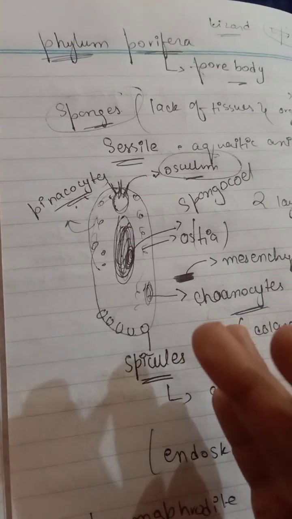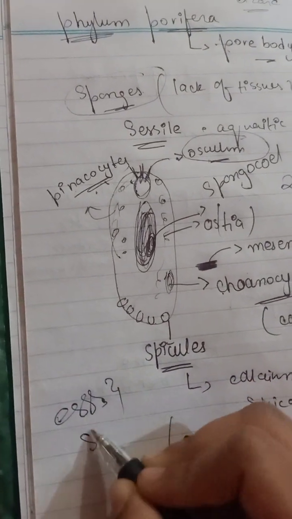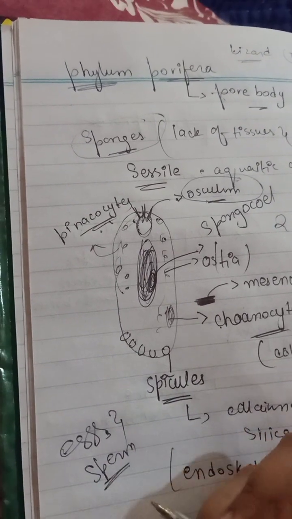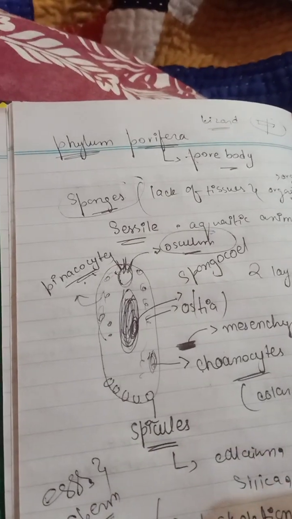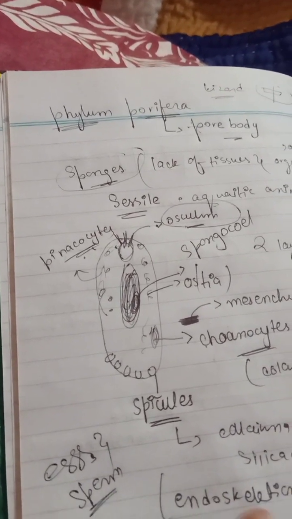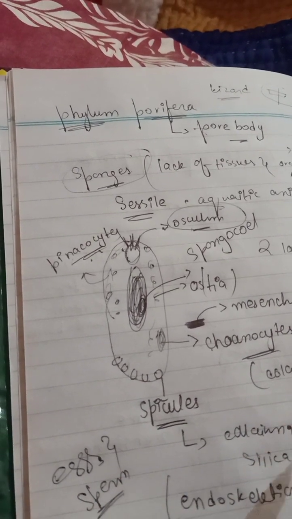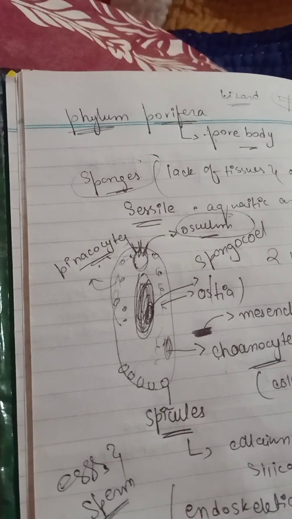Sexually, they reproduce by eggs and sperm. Sperm is carried by the water, and the egg too. A free-swimming larva is produced, which is a free living motile animal.